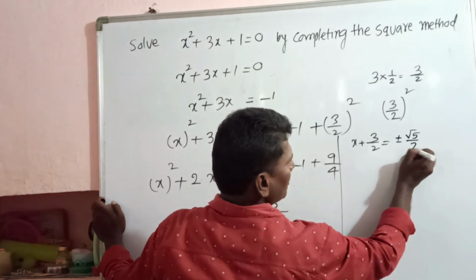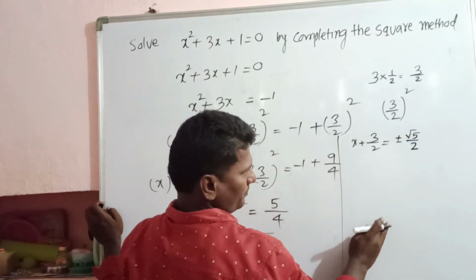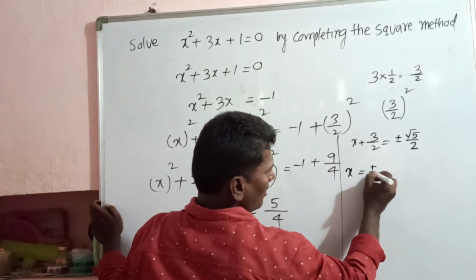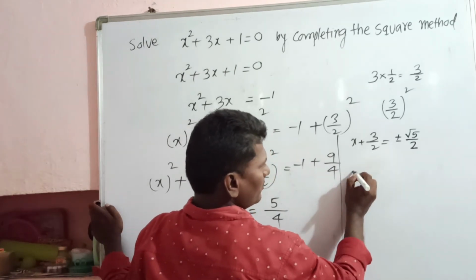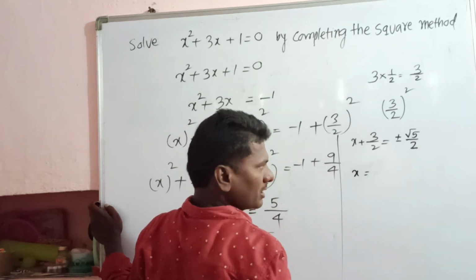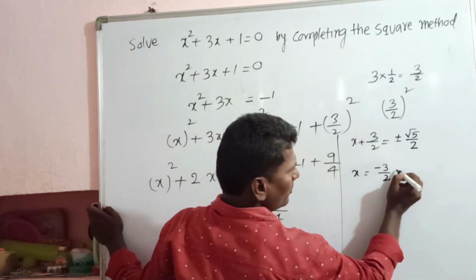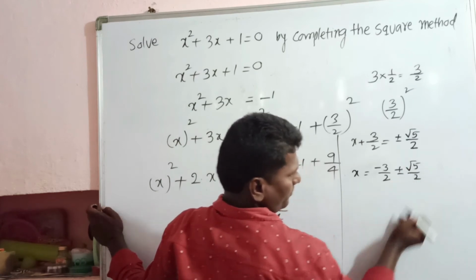So I am writing plus or minus square root of 5 by 2. Now x is equal to, send this plus 3 by 2 that side, it becomes minus 3 by 2. Minus 3 by 2 plus or minus square root of 5 by 2.